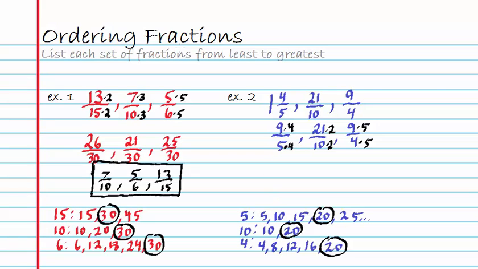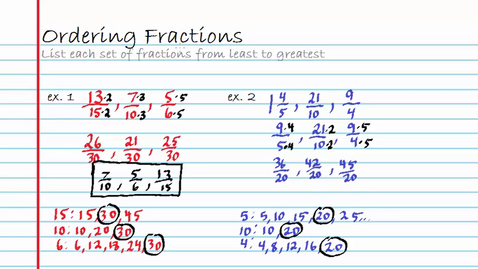So as I rewrite these fractions, 9 times 4 is 36. So my first fraction is 36 over 20. My second fraction, 21 times 2, is 42 over 20. And my third fraction, 9 times 5, is 45 over 20.